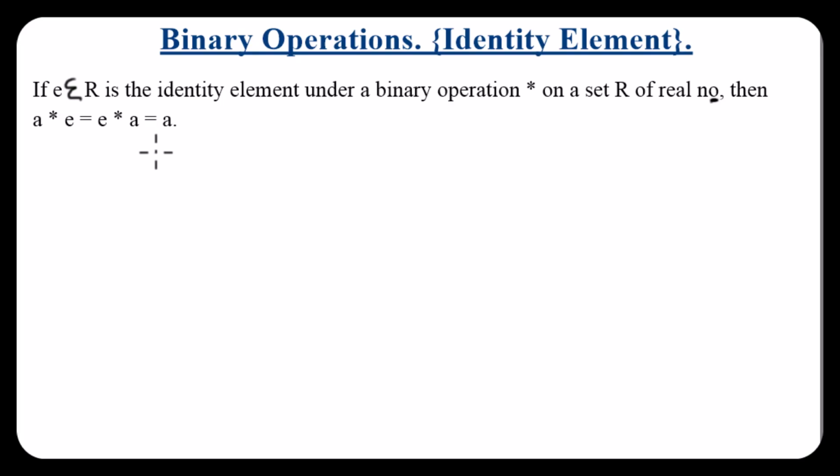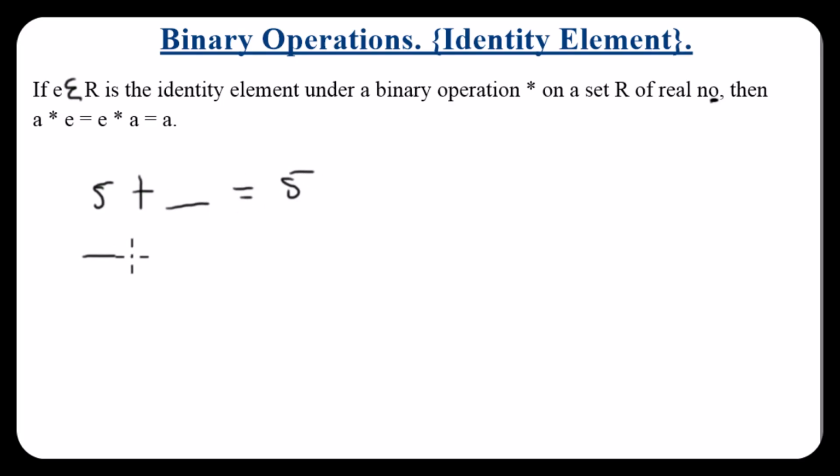Now, for us to understand what it means for a number to be the identity element of another number, let's look at it from the concept of addition. So let's say I want to add a number to another number to get me the same number itself. So what do I mean? Let's say I have 5. What do I need to add to 5 that gets me 5?